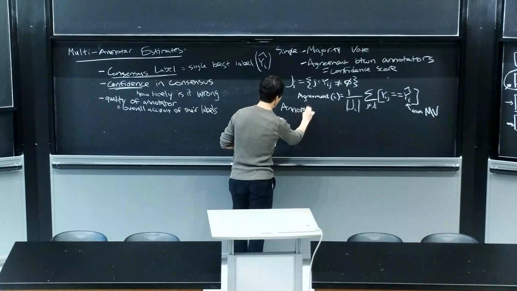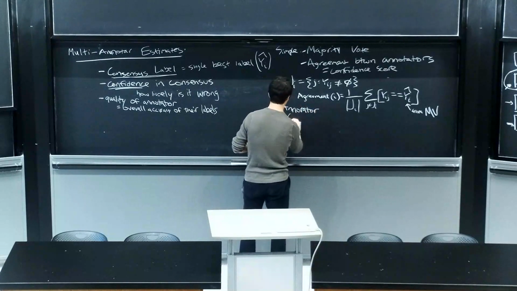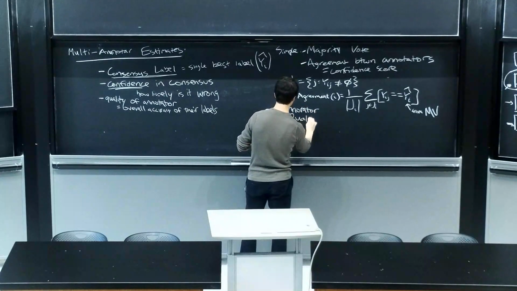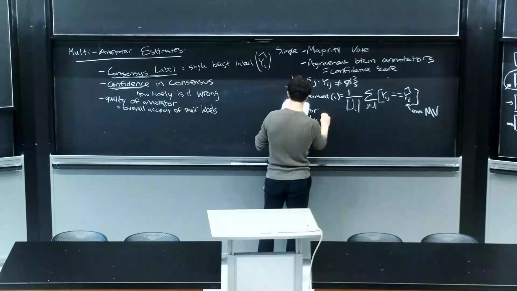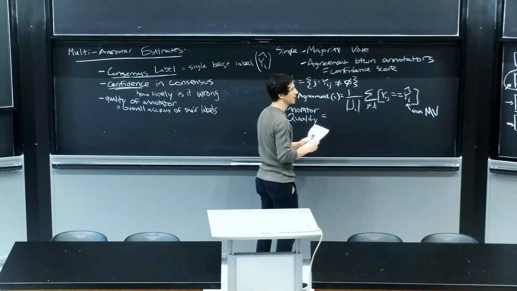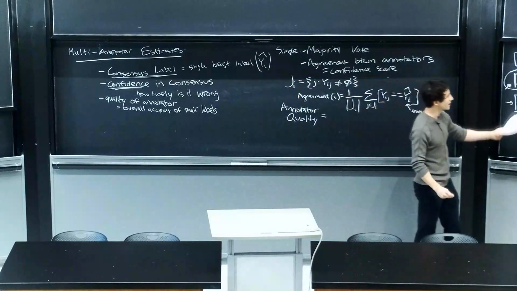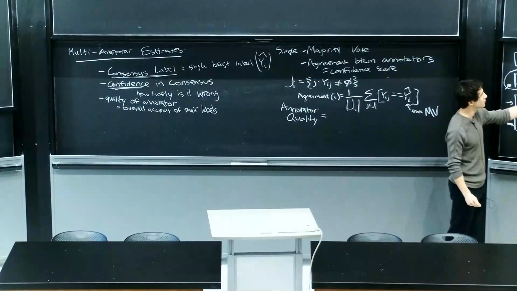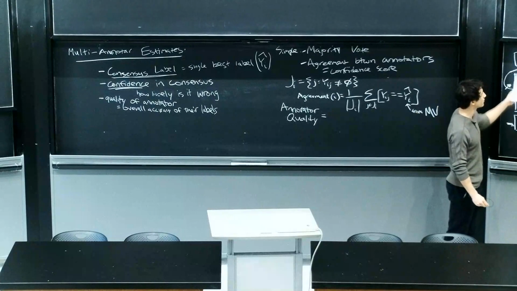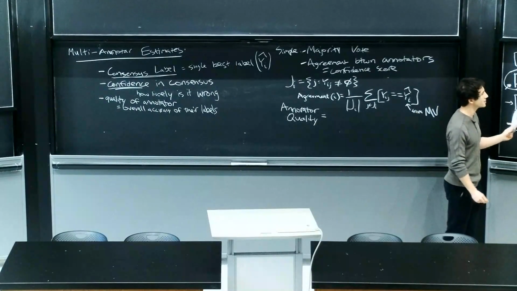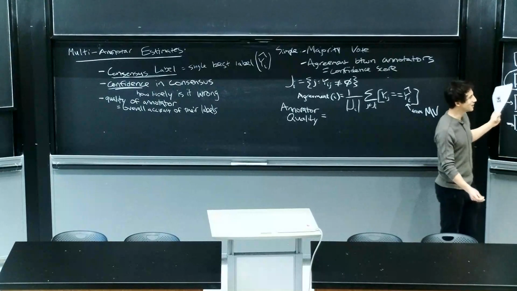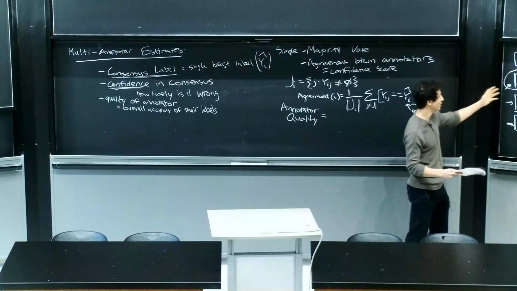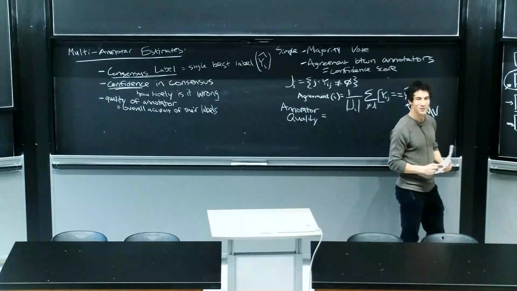So that would be a very straightforward way to estimate their quality. What's one challenge that comes up? Say we're using this data set, we've established the consensus through majority vote, and now we're going to score each annotator based on how often they agree with consensus. What immediately jumps out at you as an issue?